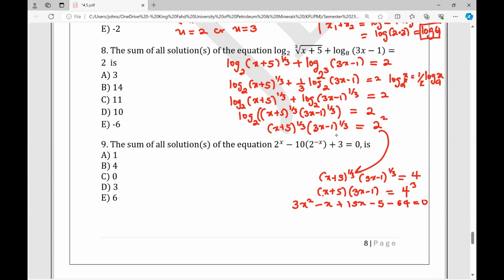So let's see, what will it become? This will be the quadratic equation, 3x squared plus 14x minus 69 equals to 0. So we have this quadratic equation to solve, right? Now, what will this be?